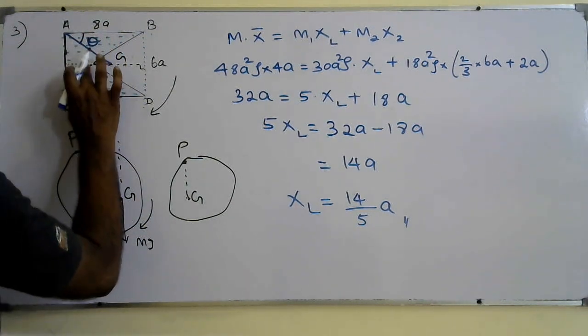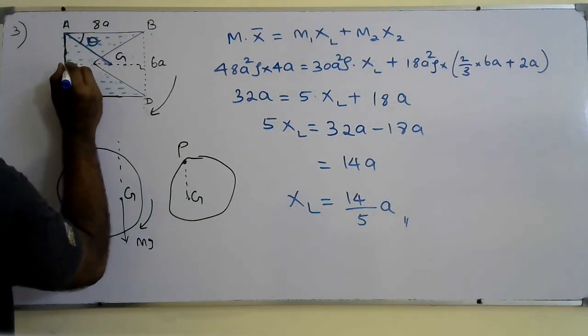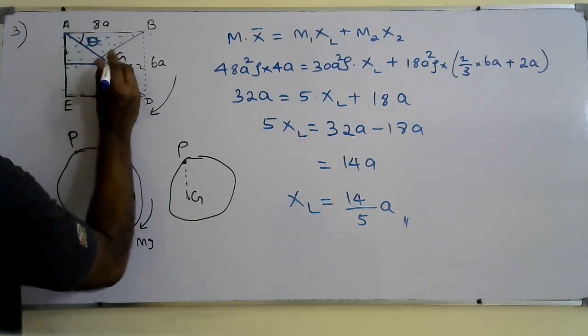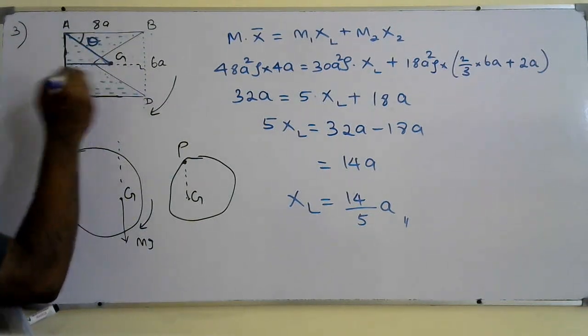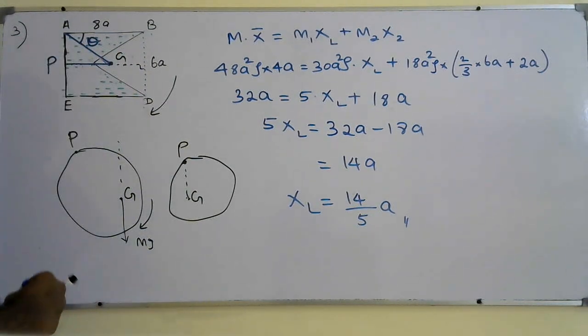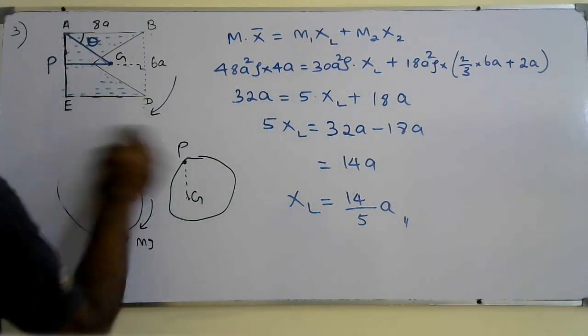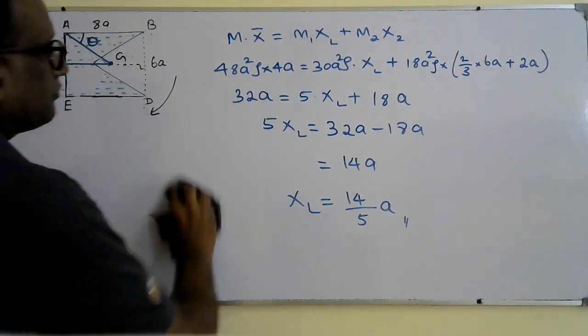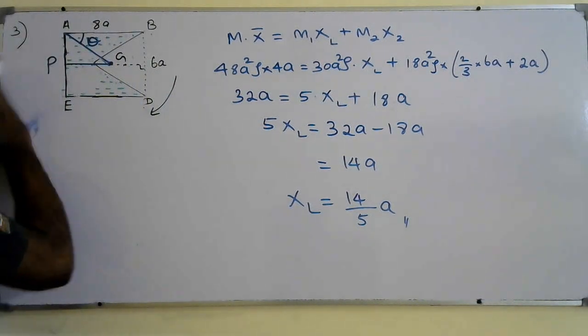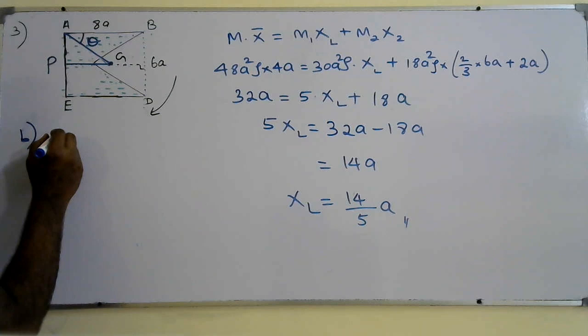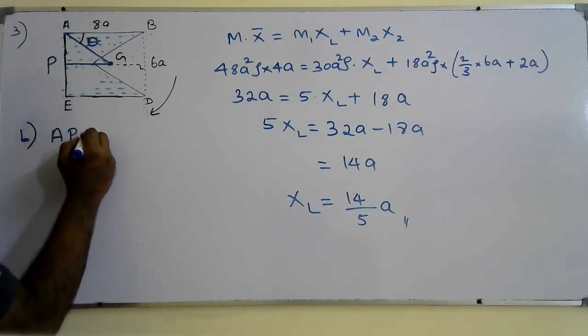So we'll think about this right angle triangle. This point is G, and we can name this other point P. So now we'll consider the right angle triangle APG.